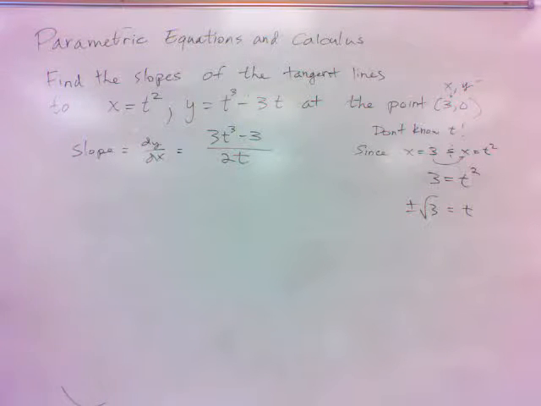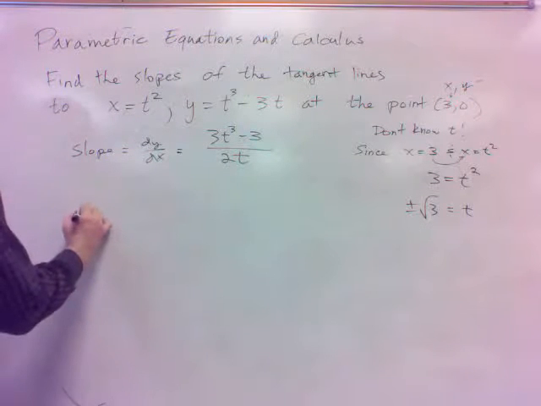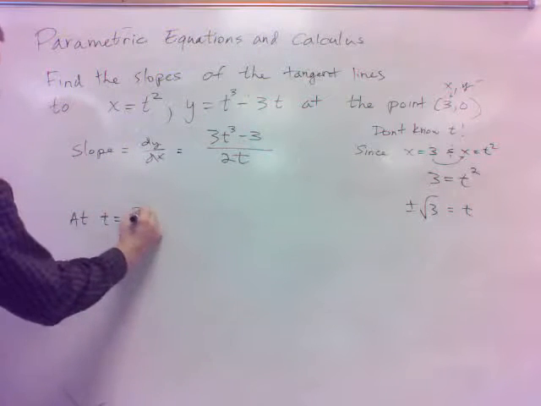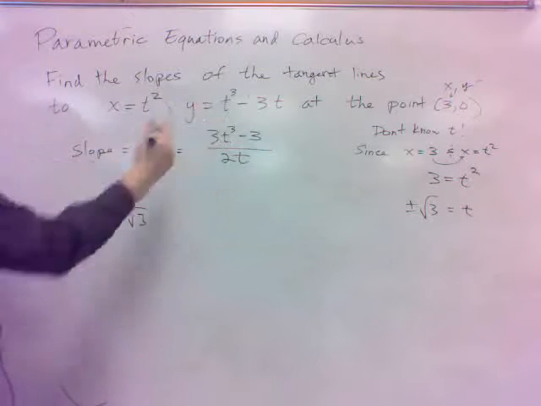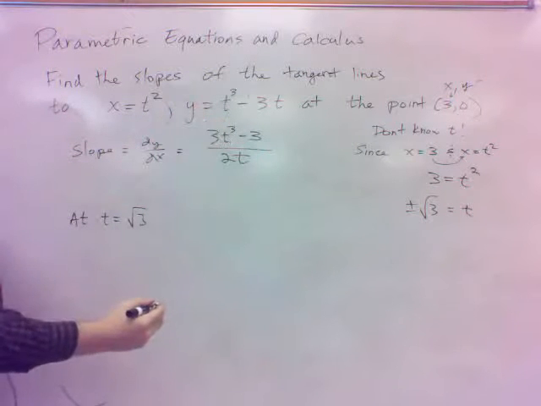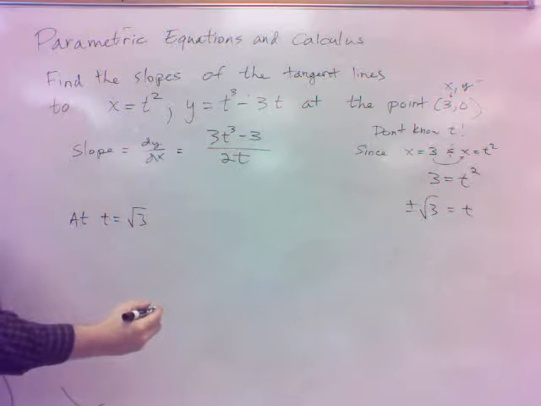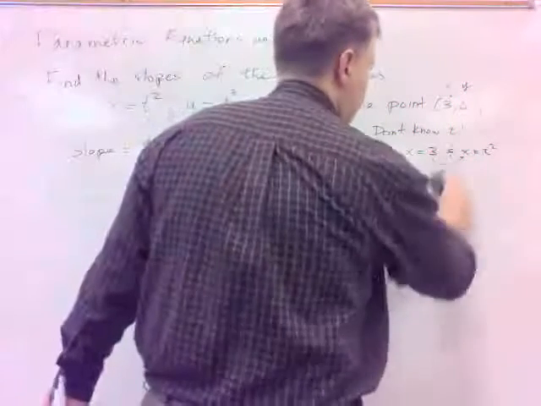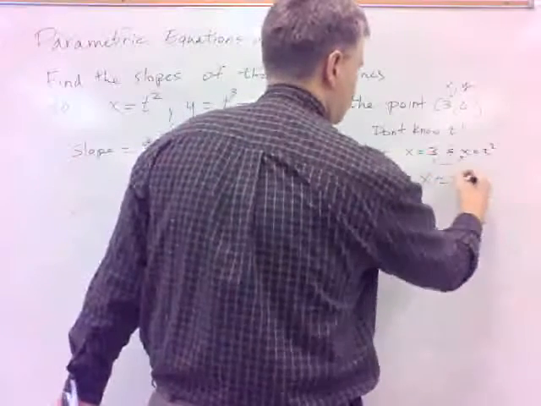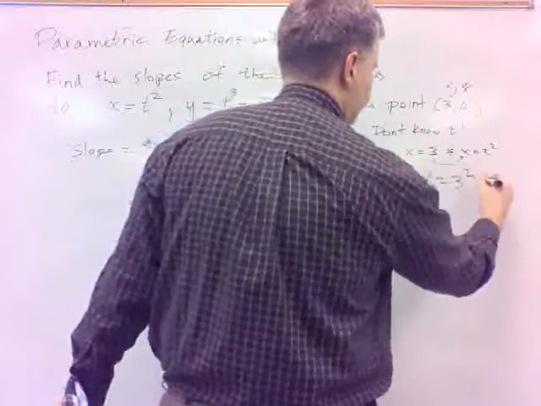Okay, so what are the slopes I want? So at t equals square root of 3, and notice I can't just say plus or minus because I've got the cube thing there. Oh, I'm sorry. Oh, no, wait.